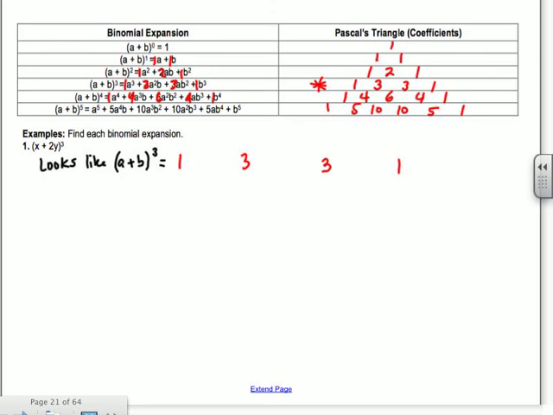So I have a cubed, a squared, a, and then the last thing has no a's. And I'm going to start with b to the 0 and go up to b to the third. So I have no b's in the first one, b to the first, b to the second, b to the third. You connect them all with plus signs.